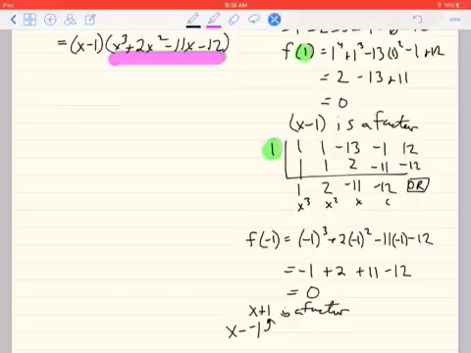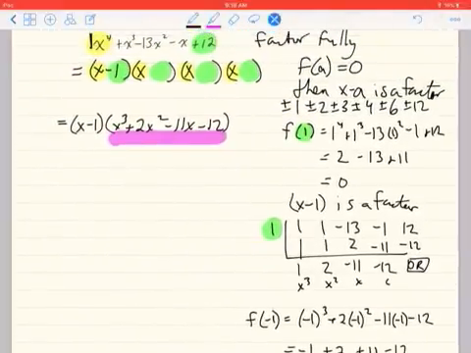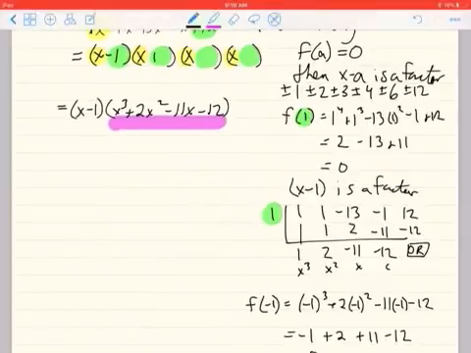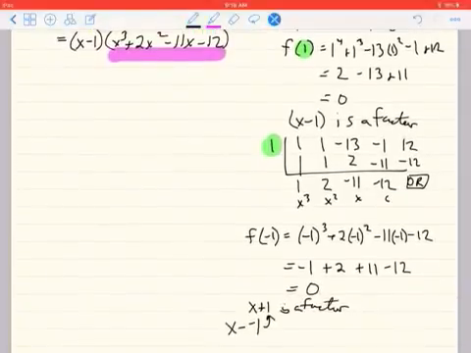So now, if we go back up to the top here, x plus 1 is a factor as well, which means now I'm able to do the synthetic division for that polynomial as well.